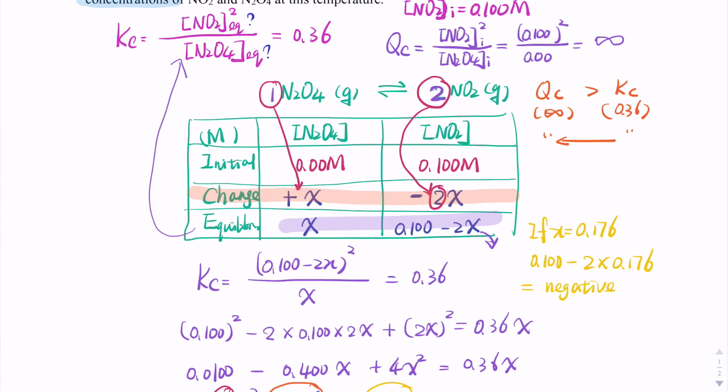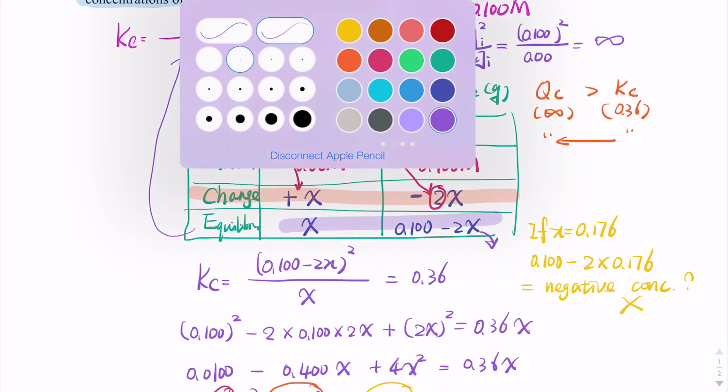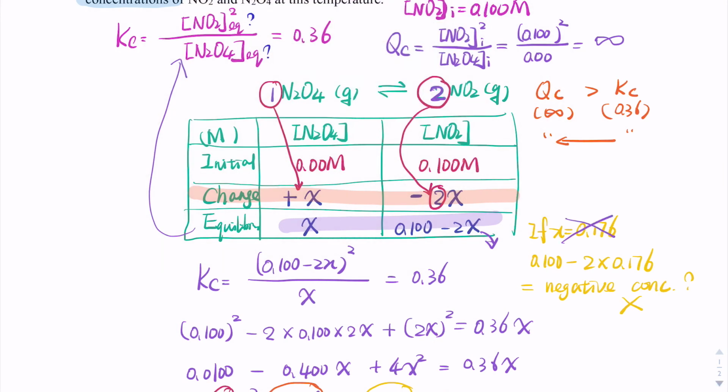Can you ever have a negative concentration? No, you can't. Therefore, 0.176 wouldn't be a solution that fits this chemistry question. So our x will equal 0.014.